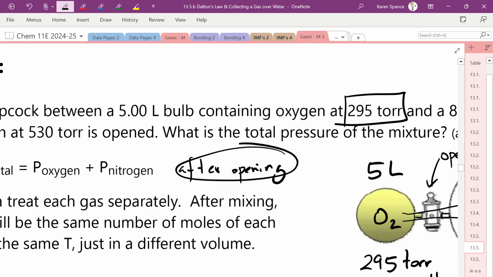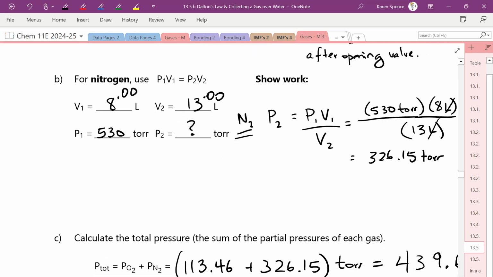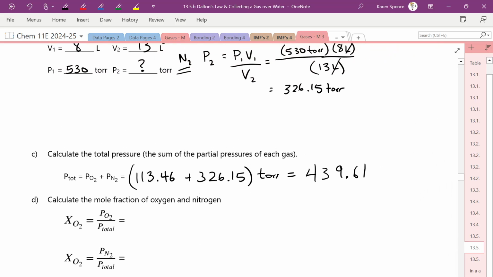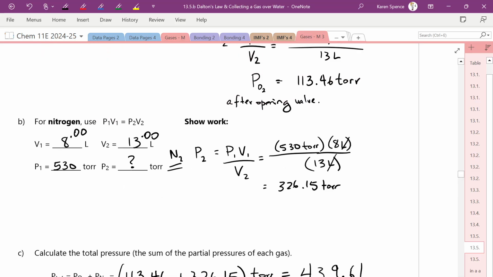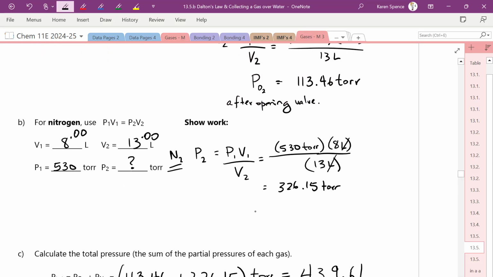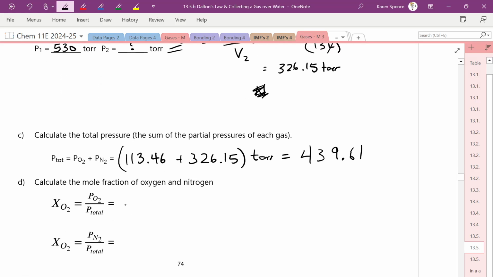So be reasonable about it when you see that. Everything here has at least 3 sig figs. So we're now going to have 113.46.